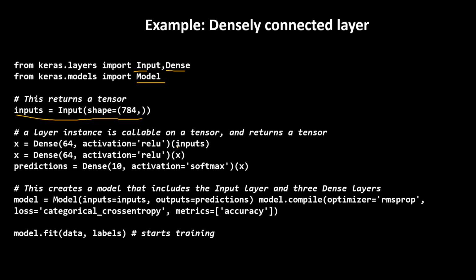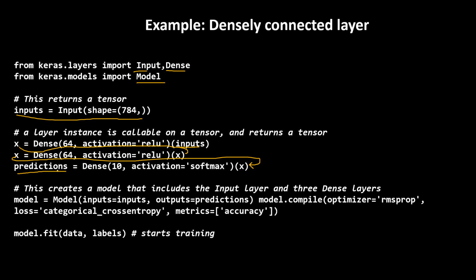This input will be some form of tensor, it will go here, and the output x will again be a tensor. This will then feed here, and we'll define the next layer. Then the final layer, suppose its name is prediction, the previous layer will feed as an input to this layer. So you can see all of this x is a tensor, so a tensor is going in and a tensor is coming out. And you'll see how we can create a multiple-input or multiple-output model with this.